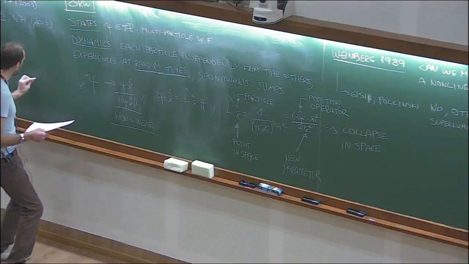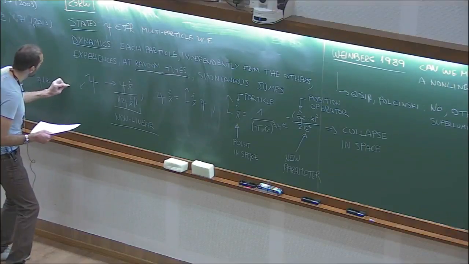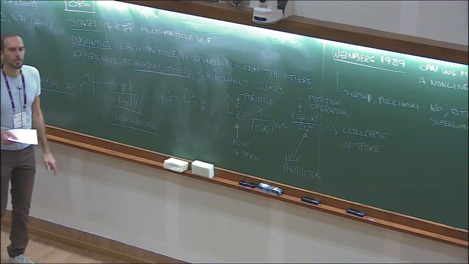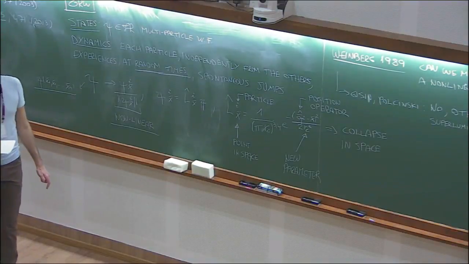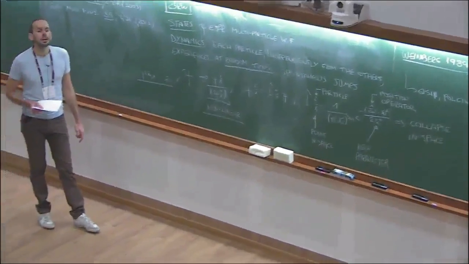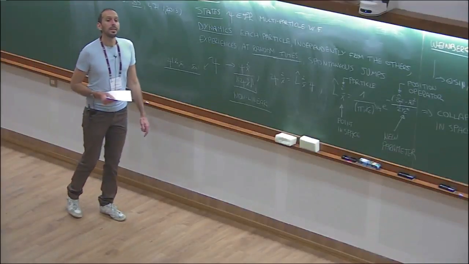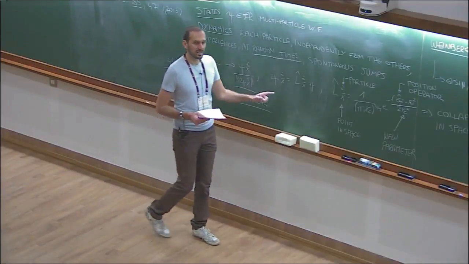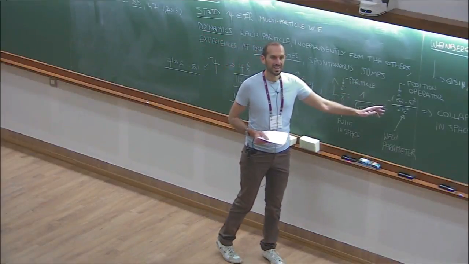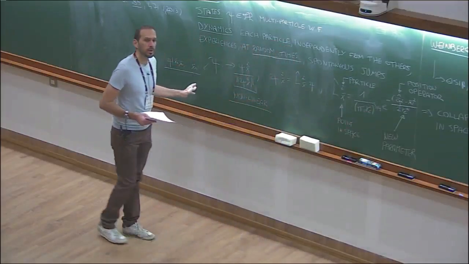Yes, you're right. It's psi of x1, x2, ..., xn. It's a multi-particle wave function. In the simplest case, it's just a product, but in general it can be any state. Does it collapse to one of the particle states? No, not necessarily. The collapse is described by this Gaussian. The final effect depends on the form of the wave function.